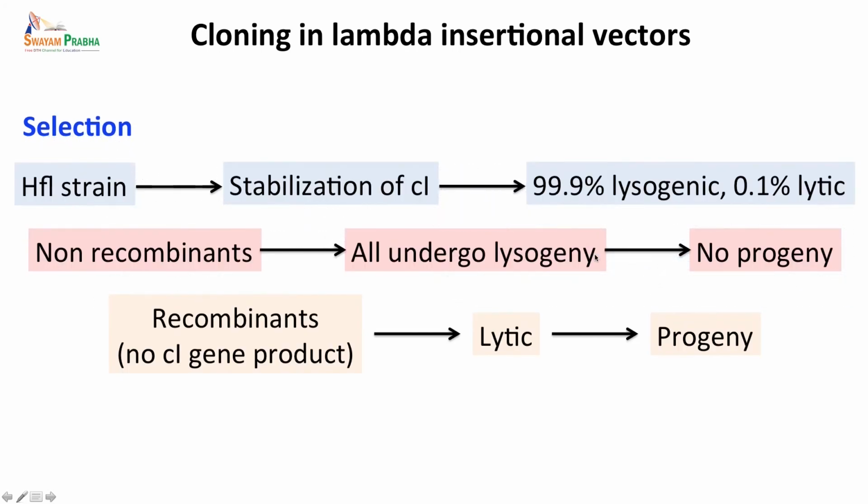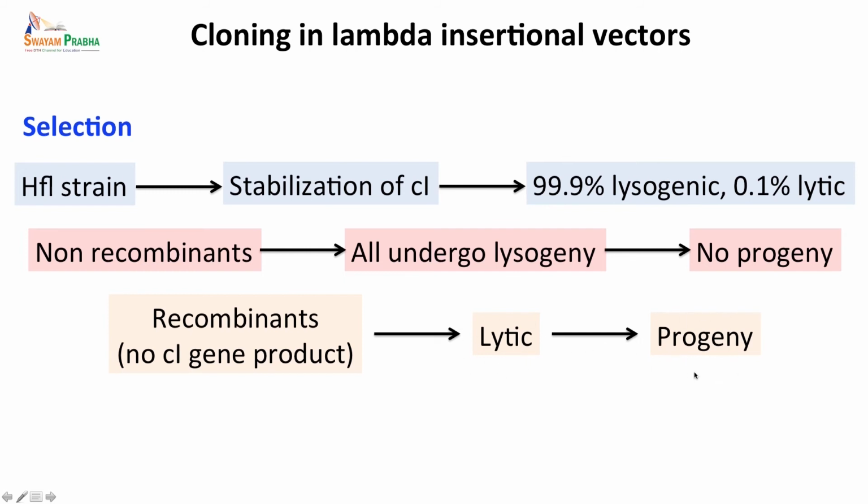A special strain like the HFL strain of E. coli is used, which basically stabilizes the CI gene. So all non-recombinants will not produce a plaque because they are lysogenic, and all the recombinants, because they don't have the CI gene product, will produce lytic colonies, and therefore they can generate the progeny.